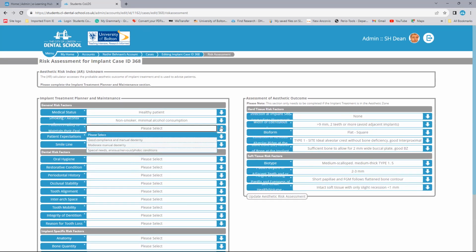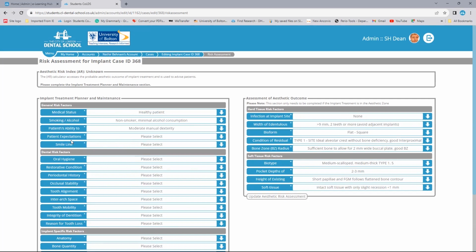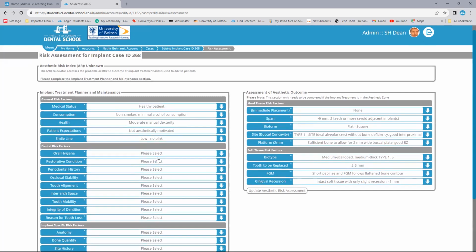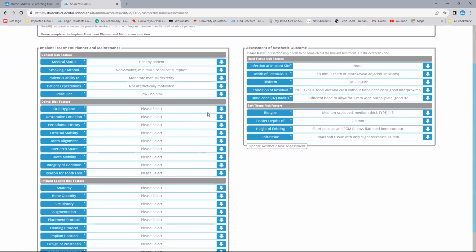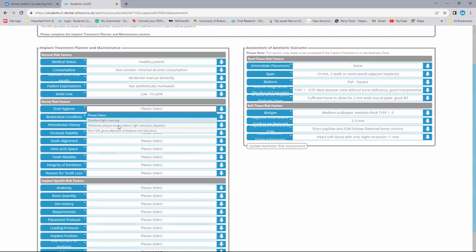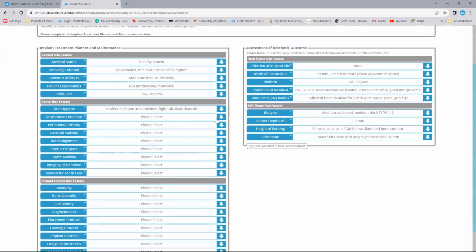I think it's okay. Yes, he was moderate. Patient's expectations, I don't think they were very high. I just wanted the teeth to chew. Smile line, it's low and no importance. Oral hygiene, I'm going to put down that it was moderate.